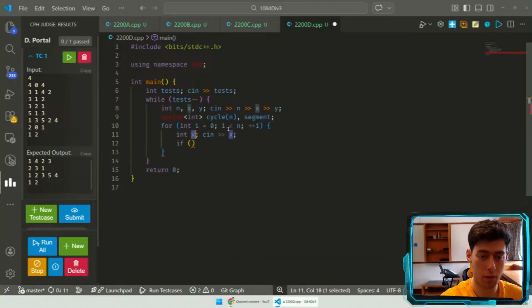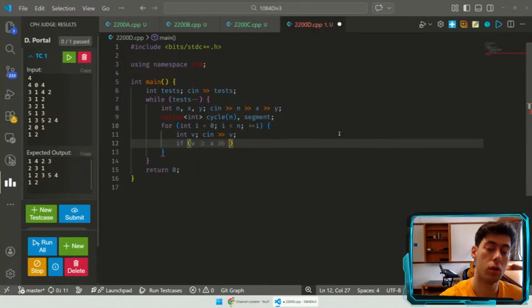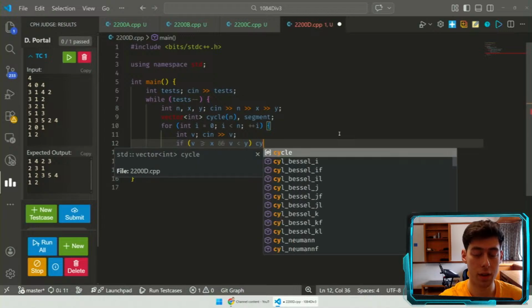If it's greater than or equal to x but less than y, then it's in the cycle.